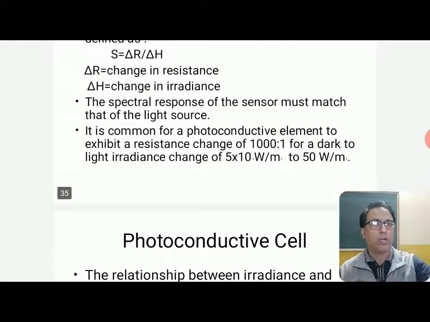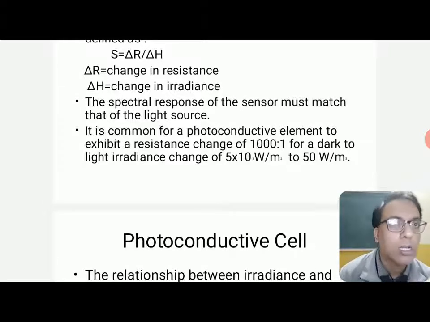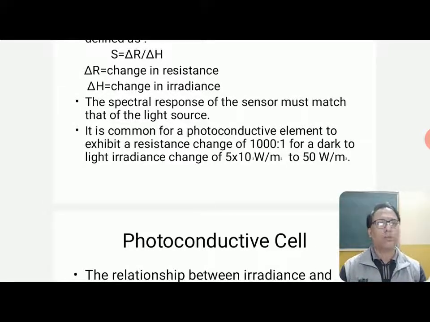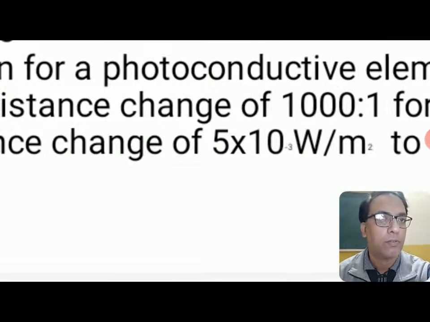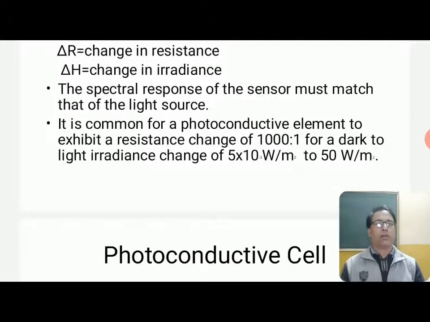It is common for a photoconductive element to exhibit a resistance change of 1000:1 for a dark to light irradiance change of 5 into 10 to the power minus 3 watt per meter squared to 50 watt per meter squared.